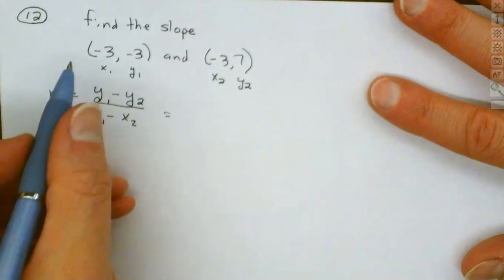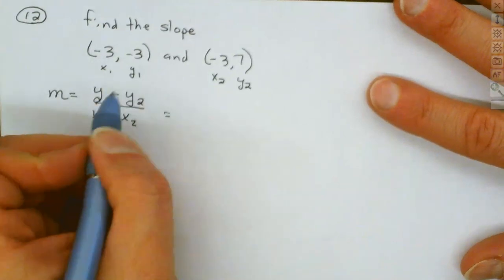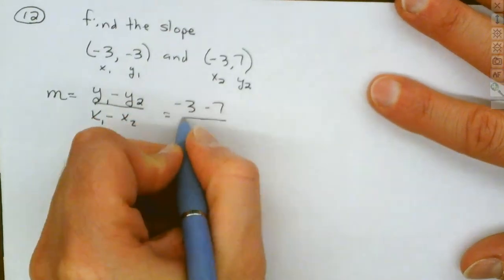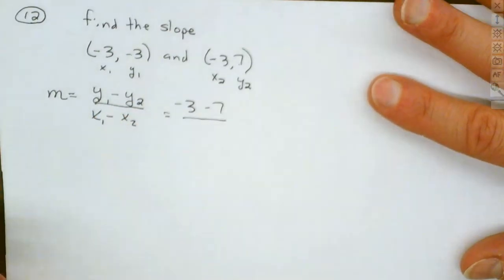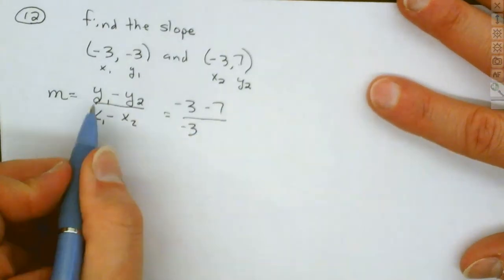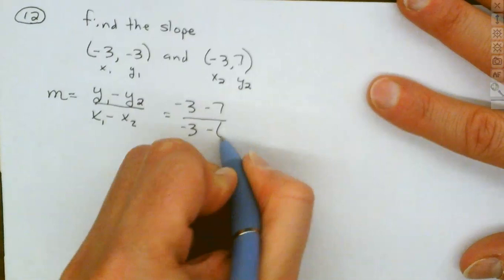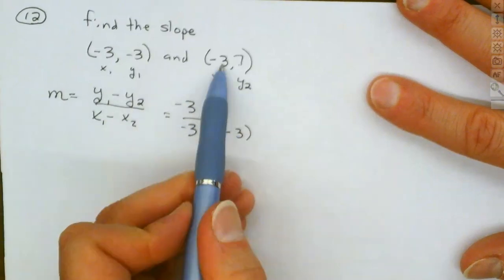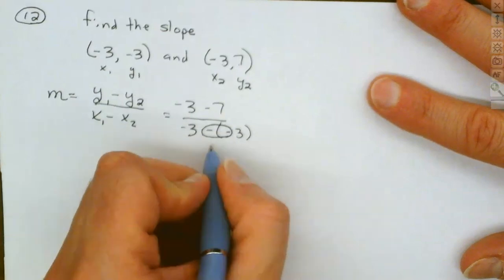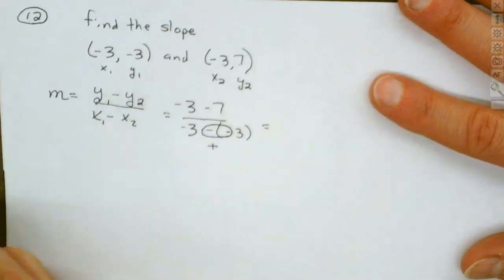So what do we have now? We have y1, which is a minus 3, minus y2, which is 7, divided by, we've got down below, minus 3 for the x1, minus a minus 3 for the x2. And we know the double negative here is going to now make this positive.